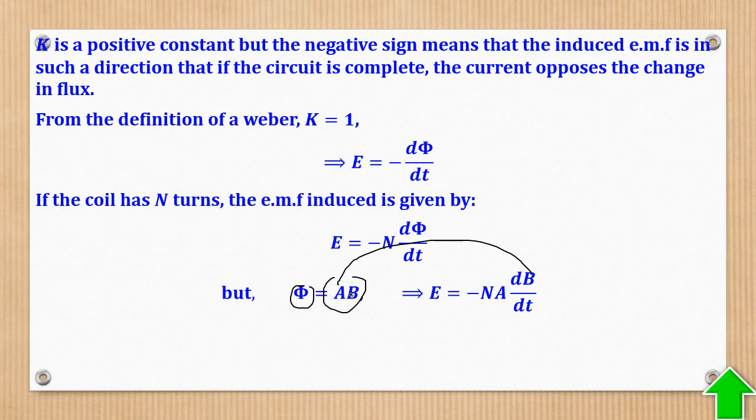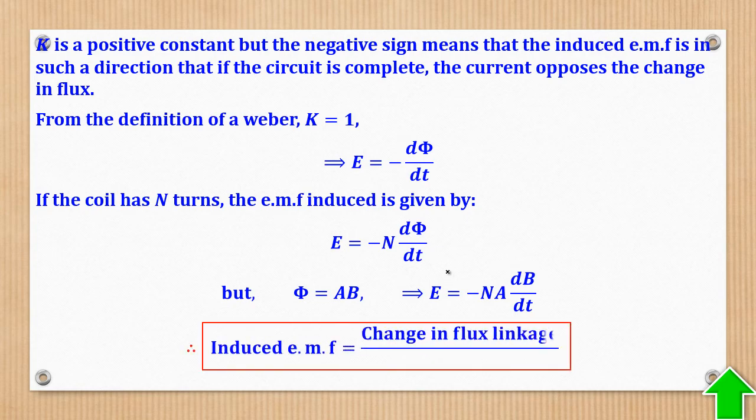It is because A is a constant, so I can pull it out of the derivative, and I remain with dB by dt. So that implies that induced EMF will be equal to change in flux linkage over time taken. This is the formula you're going to first use to calculate induced EMF.